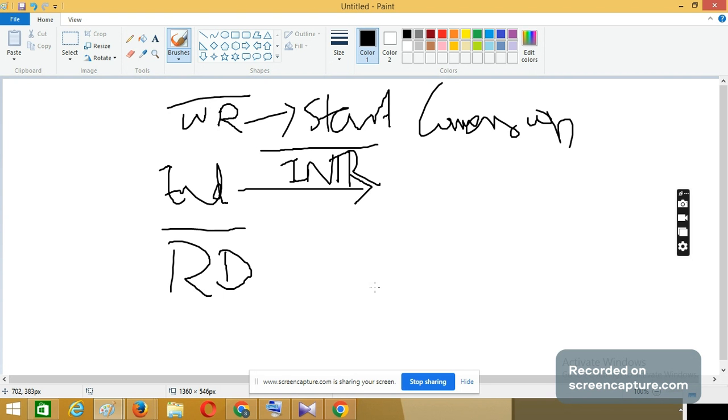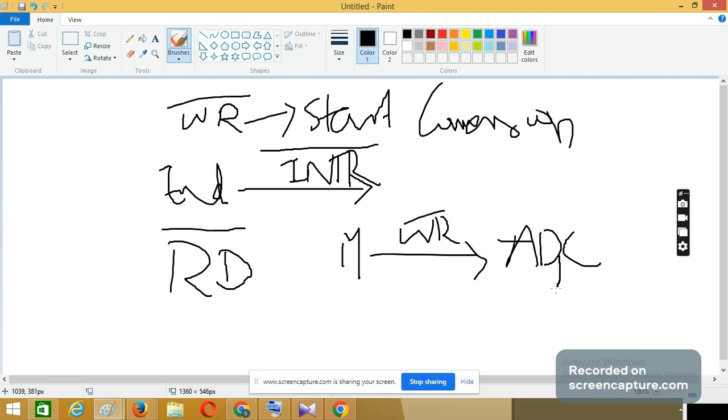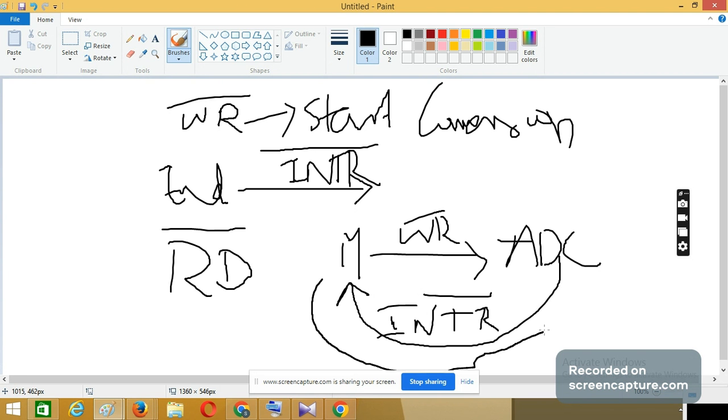So the information has to be like this: microcontroller to ADC, first to ask to start the conversion through WR bar. Then it starts converting. After conversion is over, it informs the microcontroller through INTR bar that conversion is over. After that, the microcontroller will tell through read bar to the ADC that I want to read. These are the steps. So let us do the timing diagram.